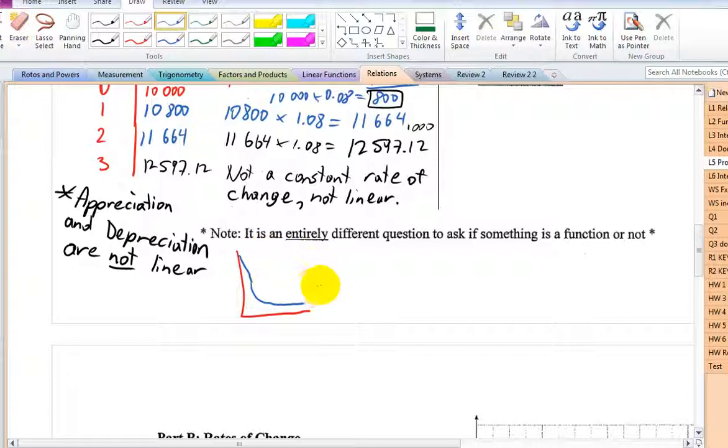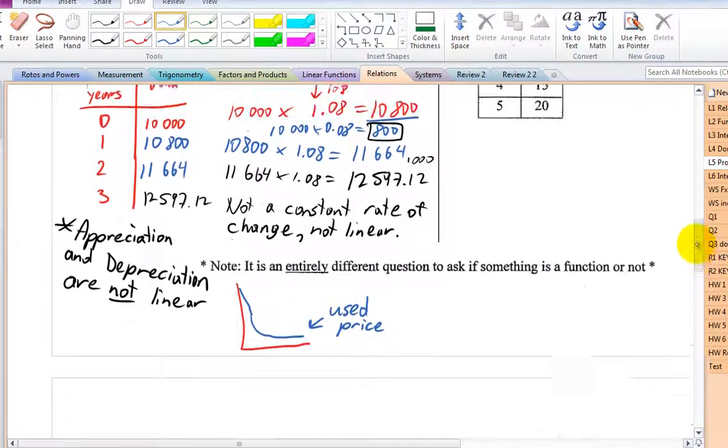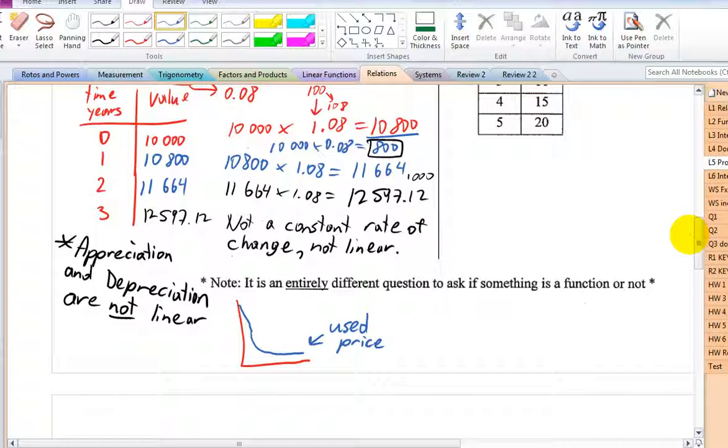Here, this is kind of like the used price. Some cars, that's like $2,000, and more expensive cars use price about $10,000. But it starts leveling out, and you don't lose so much money each year. All right? Good. Any questions about appreciation and depreciation?